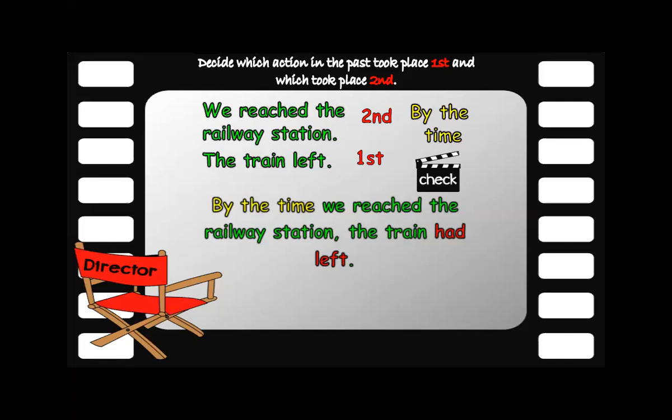How do we know which one to put? It depends on your memory. You have to memorize the third form of the verb. The third column of the verb, you have to memorize it.